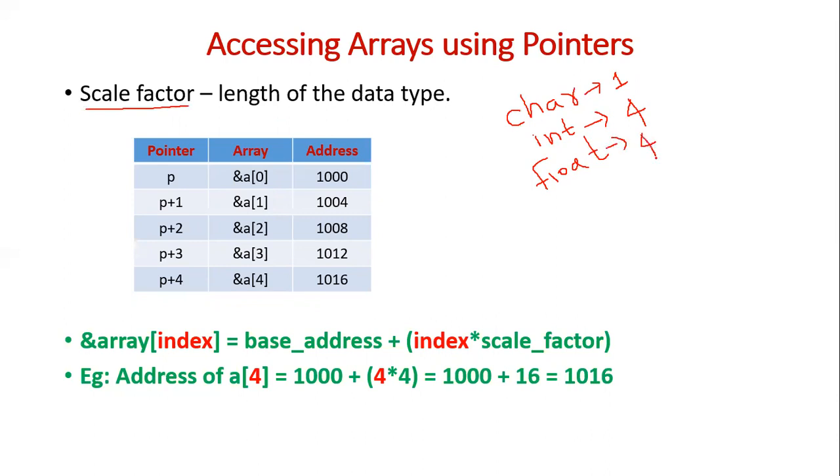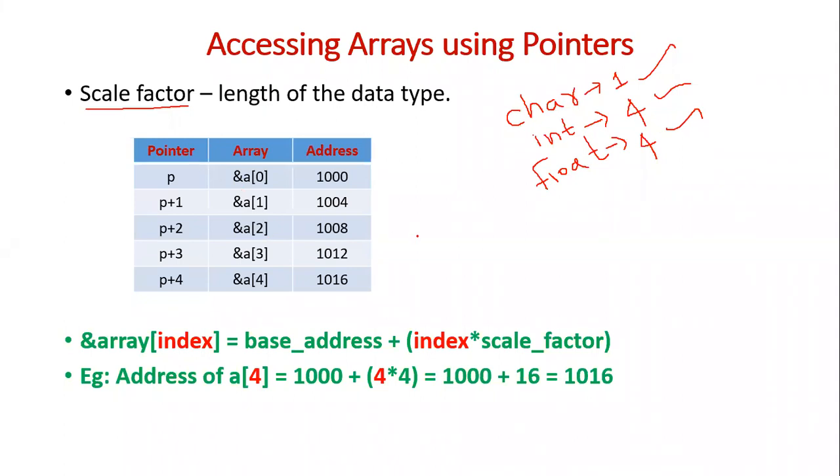So scale factor represents how much memory a particular data type occupies. A single character variable occupies only 1 byte, a single integer occupies 4 bytes, a single float occupies 4 bytes. That is what is called the scale factor, the length of the data type.